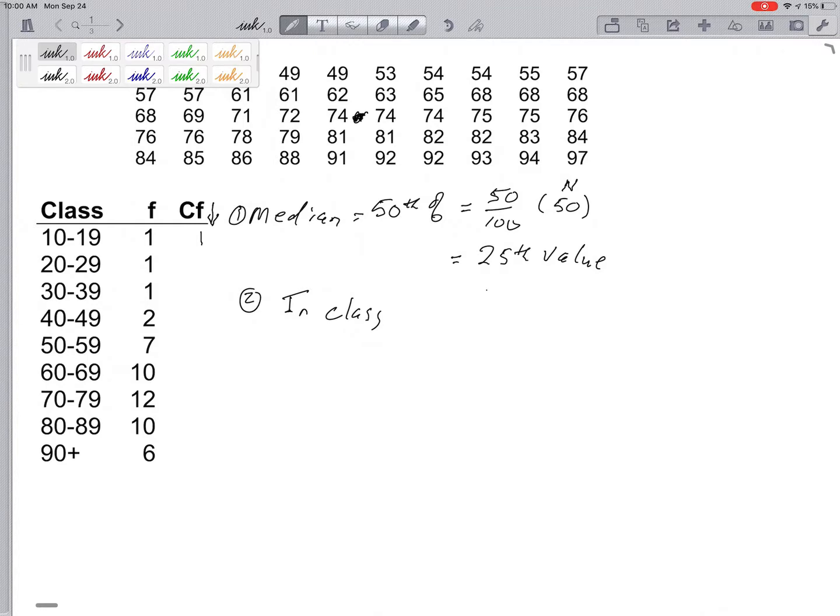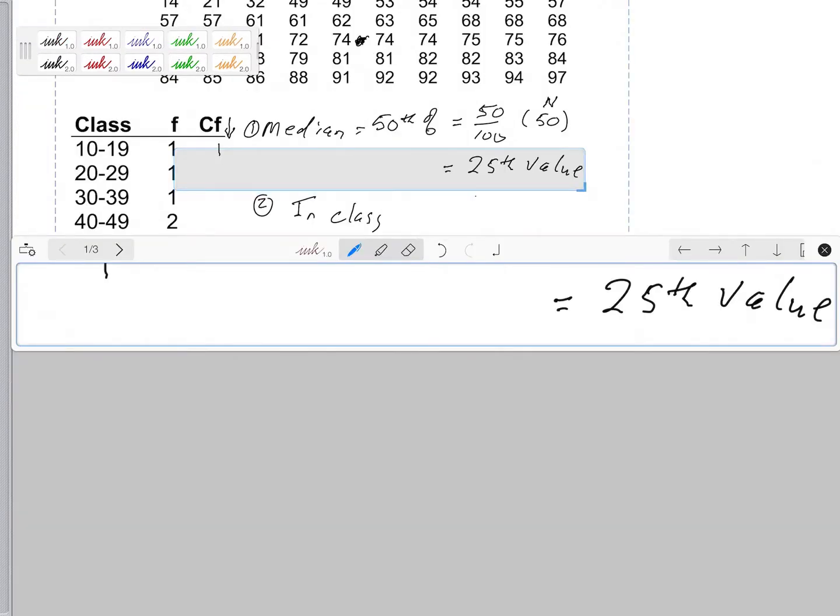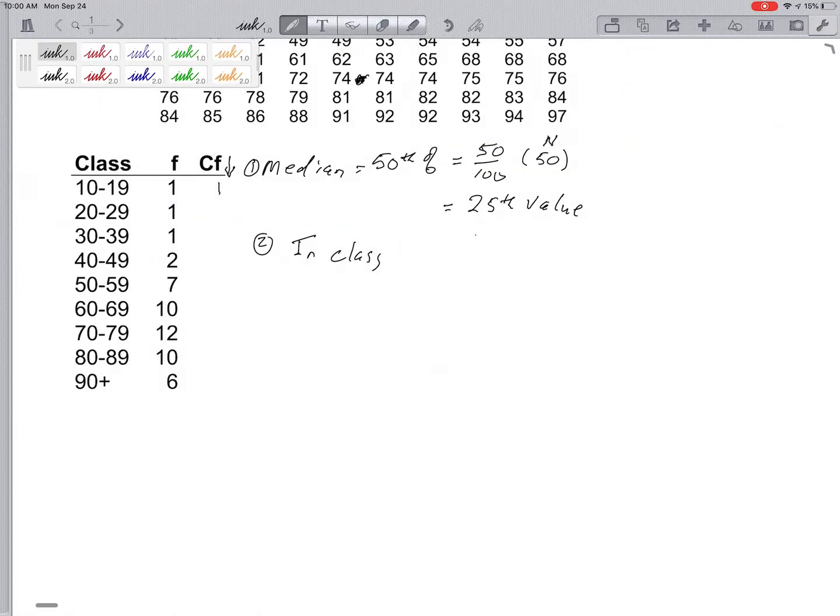So 1 plus 1 is 2. Plus 1 is 3. Plus 2 is 5. Plus 7 is 12. 22, 34, 44, and then 50. By the time we get to the bottom, we should be up to 50, which is our n.